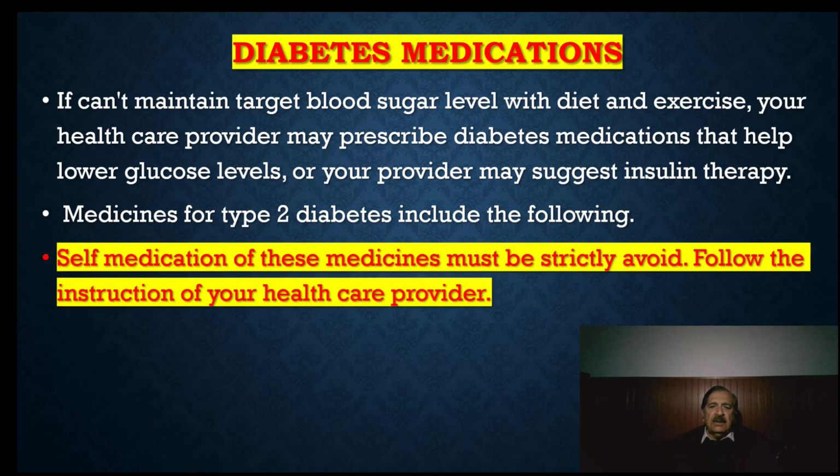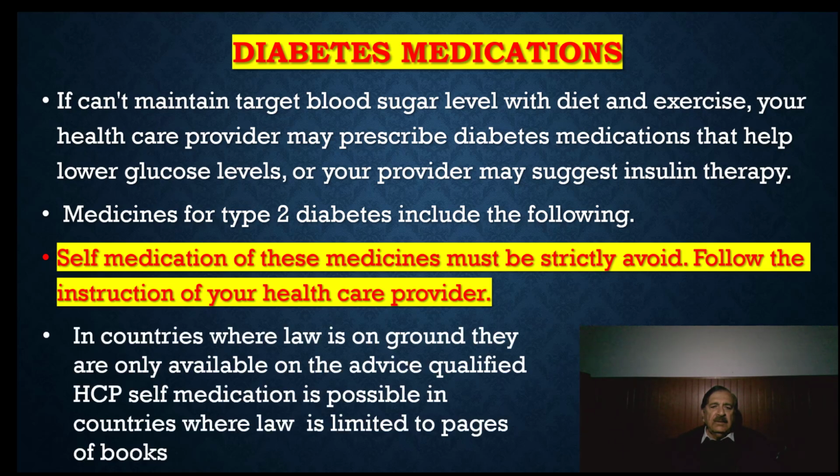Self-medication of these medicines must be strictly avoided. Follow the instructions of your healthcare provider. In countries where the law is on the ground, they are only available on the advice of a qualified healthcare provider. Self-medication is possible in countries where the law is limited to the pages of a book.